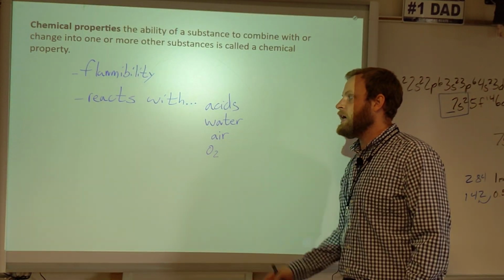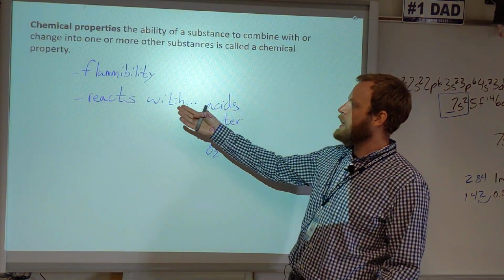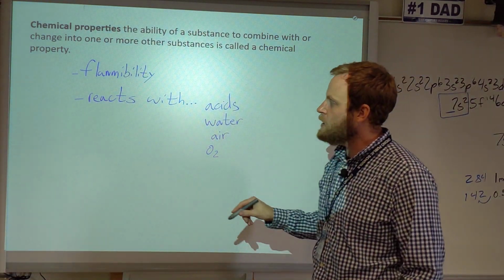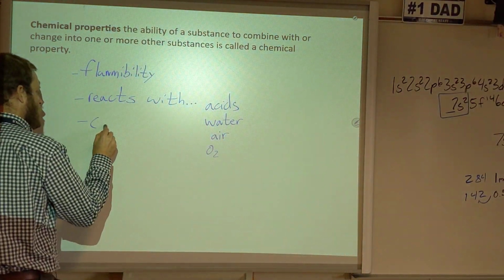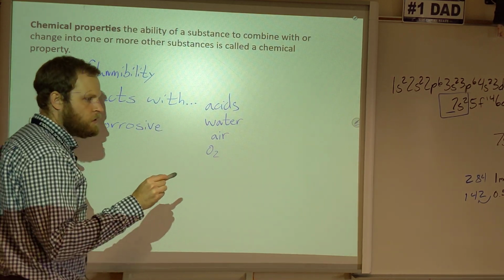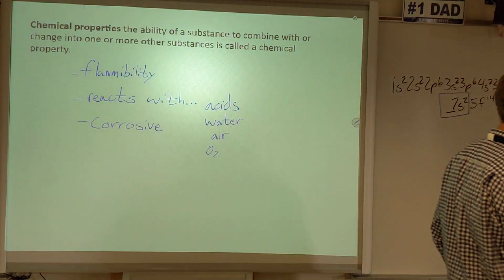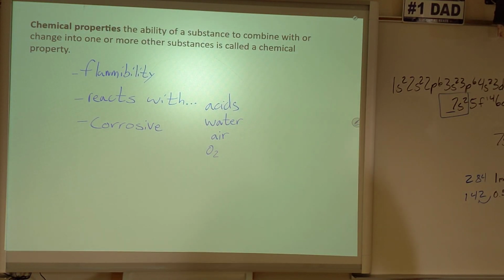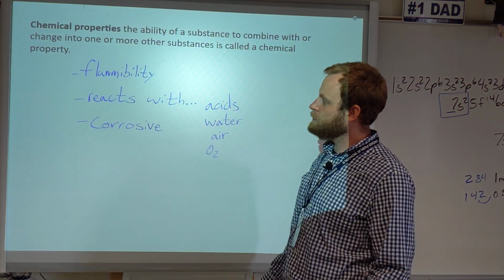So a lot of times it'll say it's highly reactive with air or highly reactive with acid. Very corrosive is another word. Corrosive is if it dissolves other compounds easily, and compounds that aren't already dissolvable in water. So these would be acids themselves. Great.